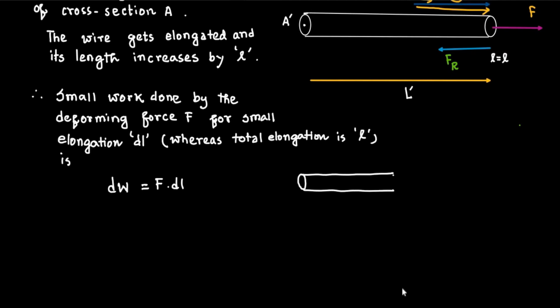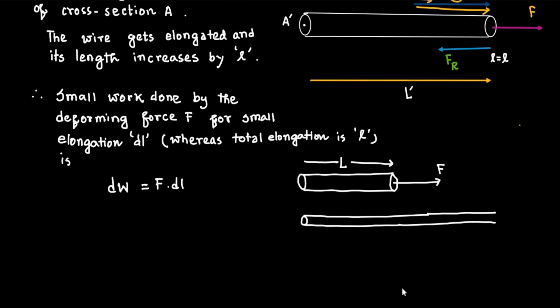We can draw the diagram again. This is a wire of length capital L. Deforming force F is applied and the wire will be elongated. Deforming force F continues to act and restoring force Fr acts in the opposite direction.